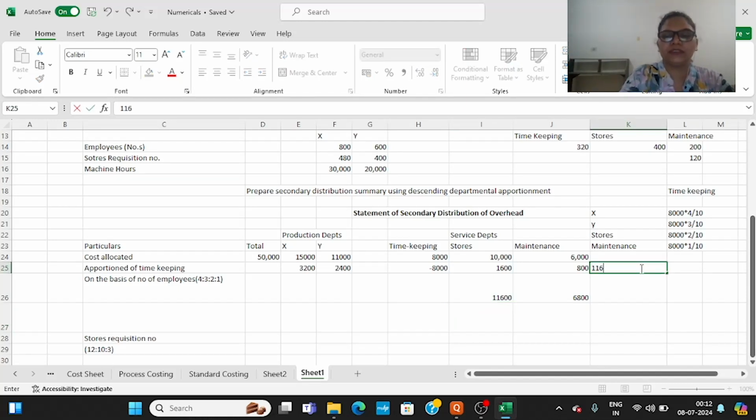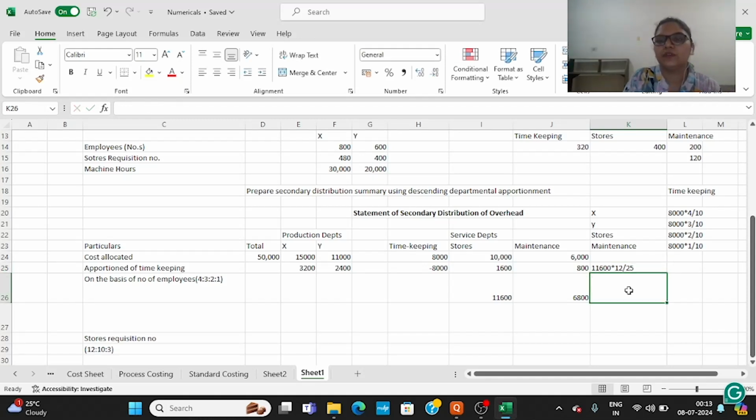So 11,600 will be allocated in three departments, that is maintenance, X and Y. 11,600 into 12 divided by 25, that is the addition of ratios.